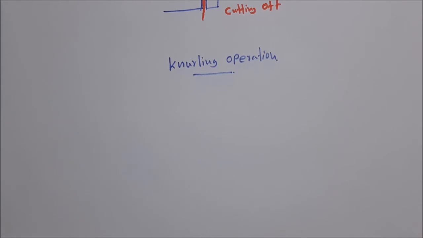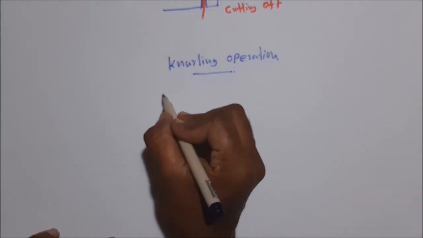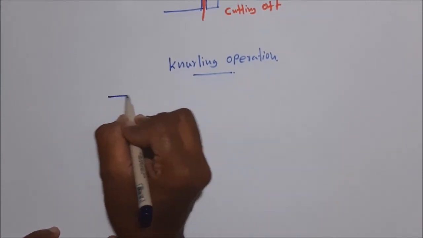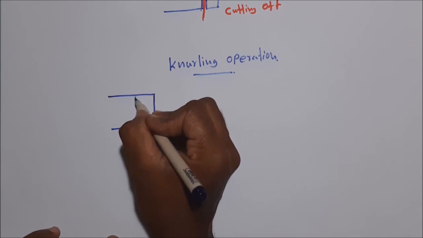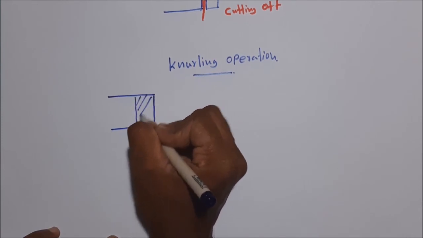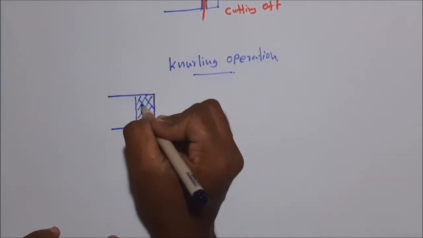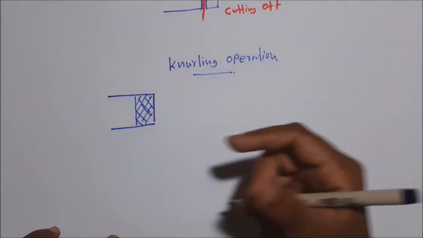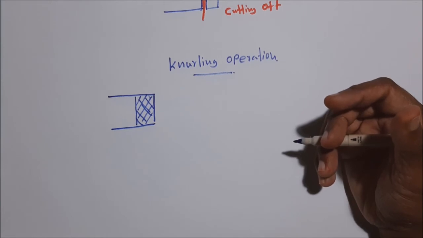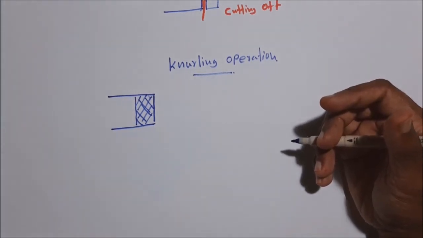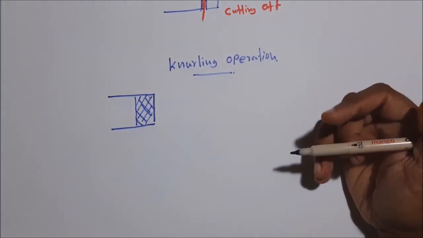You may have seen the hand tightening screw. There are rough surfaces to generate this kind of rough surface. You may have seen this kind of rough surface on hand tightening screws, and also some conveyor rollers are roughened using the knurling operation.